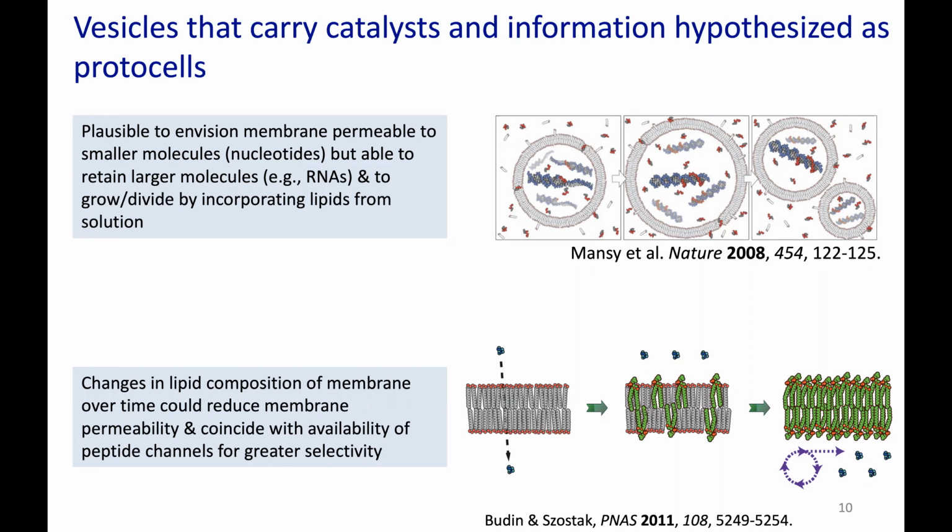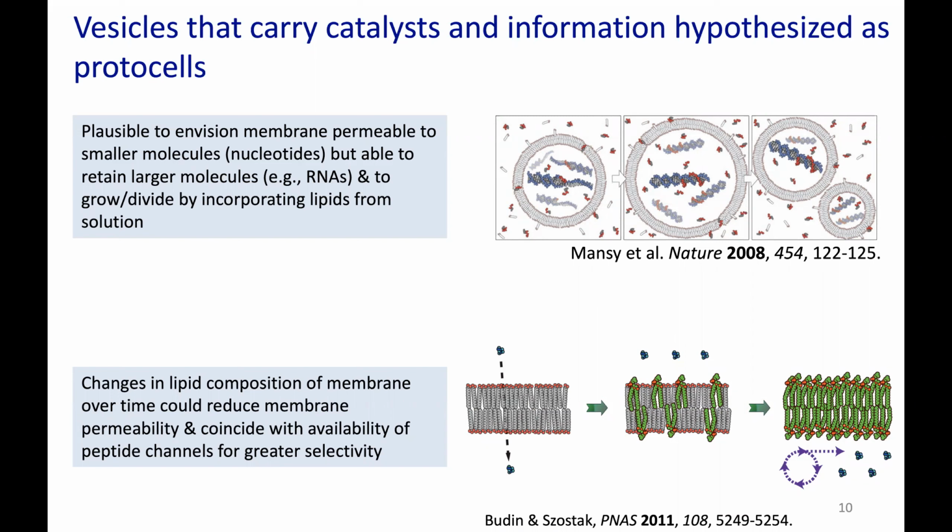One thing that's nice about lipid membranes is that their composition can change over time. So as new lipids become available that have different structures, they can incorporate in an existing membrane. And changes in the composition of a membrane over time could reduce the permeability of the membrane.